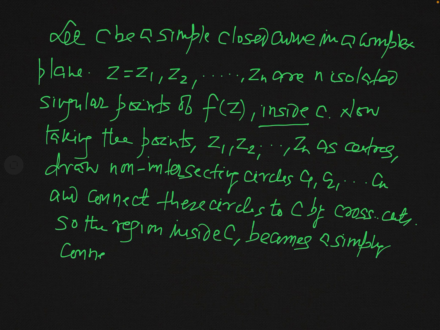In fact, originally it was a multiply connected region. Now after connecting the circles with the closed curve C by cross cuts, this region becomes a simply connected region. And you know, if it is a simply connected region, then we can apply the Cauchy integral theorem.